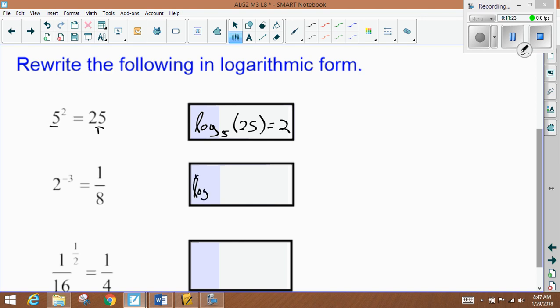Log base, and it's cool because what is the base of my exponent? It's 2, right? So the base of my log is 2. Of 1/8 is -3. So we're saying 2 to the -3 power is 1/8.